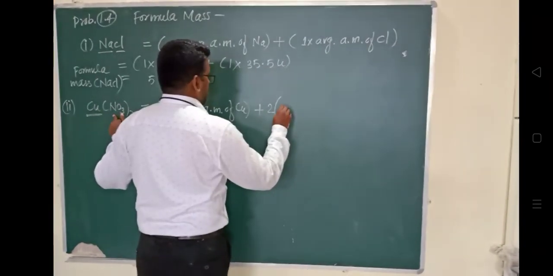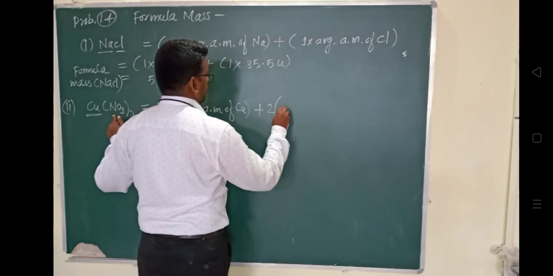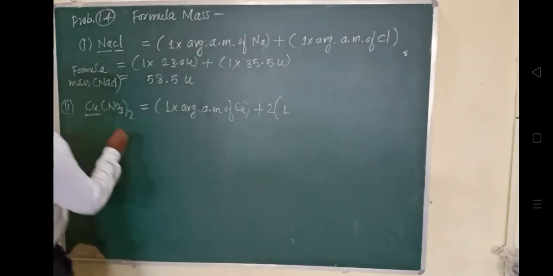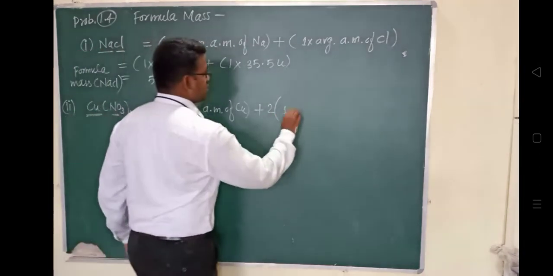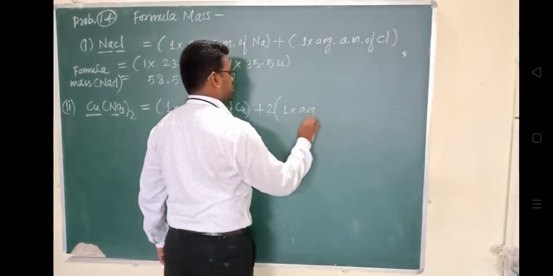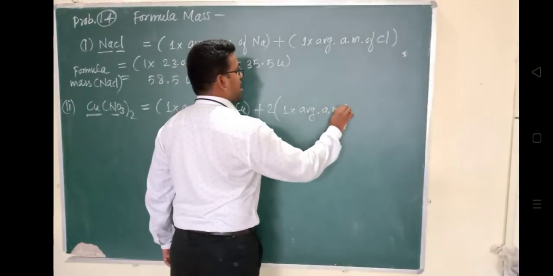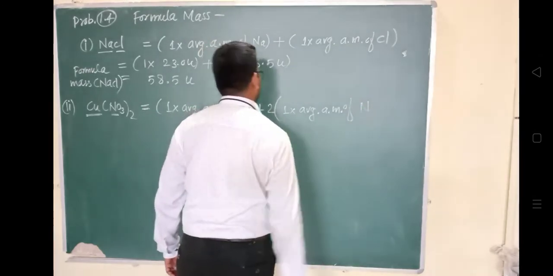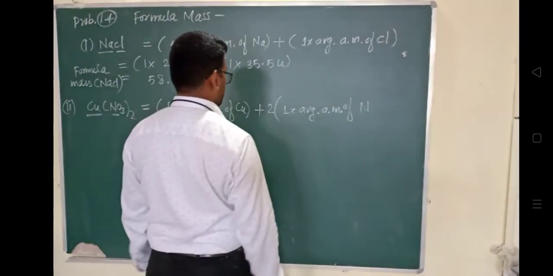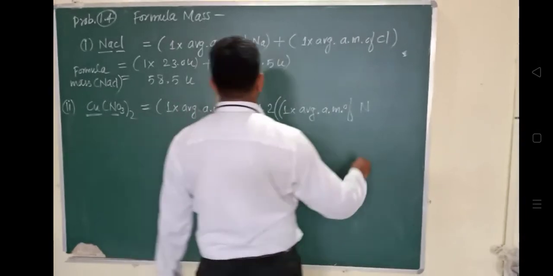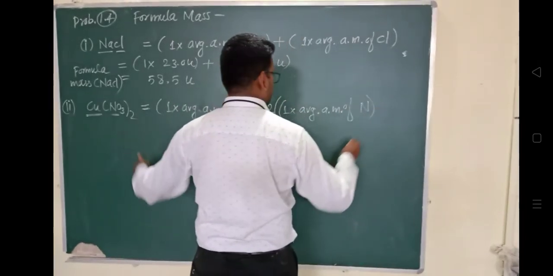Now how many atoms of nitrogen? Only one. So 1 multiplied by the average atomic mass of nitrogen. Let's take a bracket again.